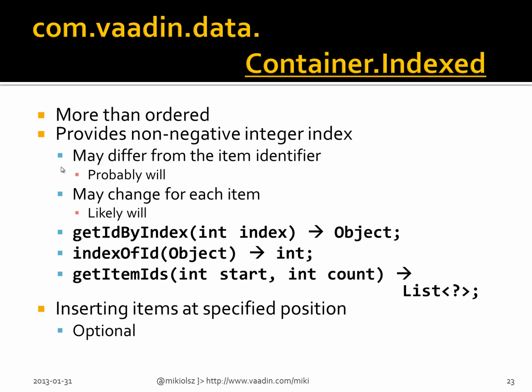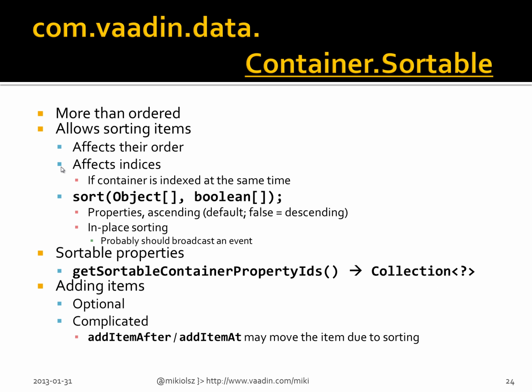We can, of course, get the ID by index, or get the index of an ID, and then we can get a sublist or a subset of item IDs starting from one position and giving a number of them. As with the previous interface, we have inserting items at a specific position, and this is optional.